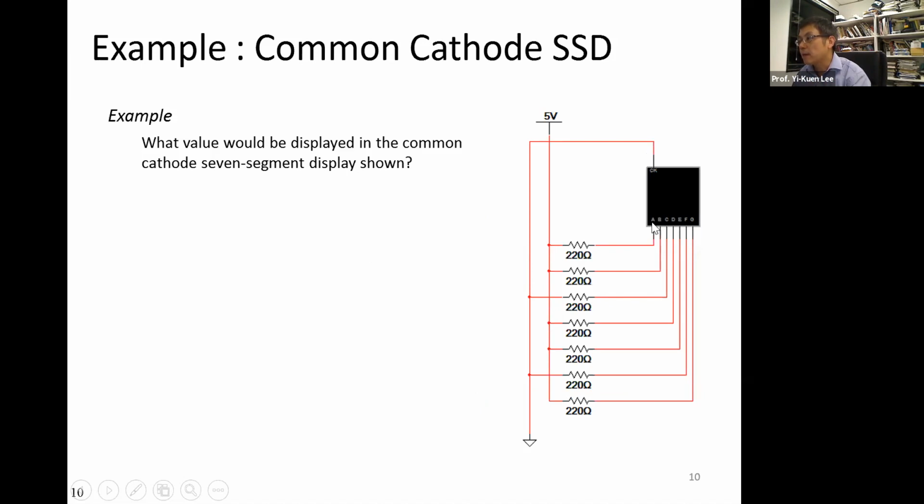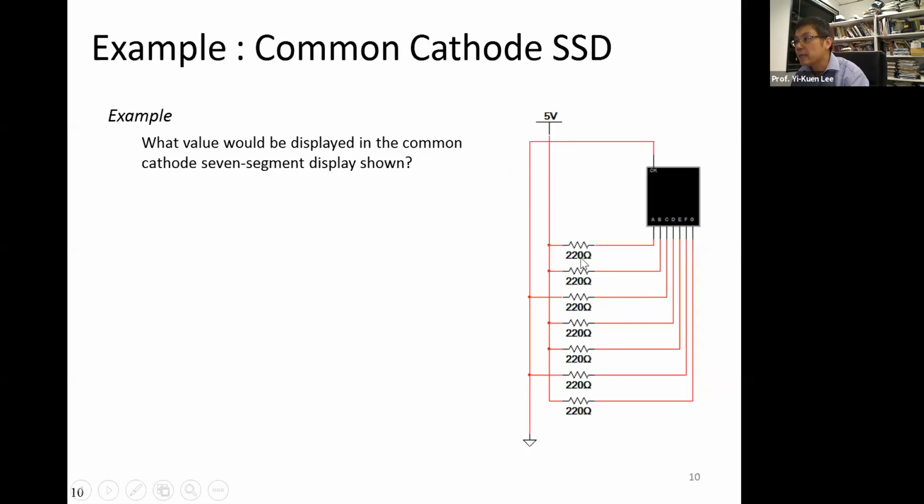Each LED we connect in series with one resistor, right? In this case, we provide 5 volt from the Arduino MCU, and of course we also have a common here. You see, actually, there's one common here, right?